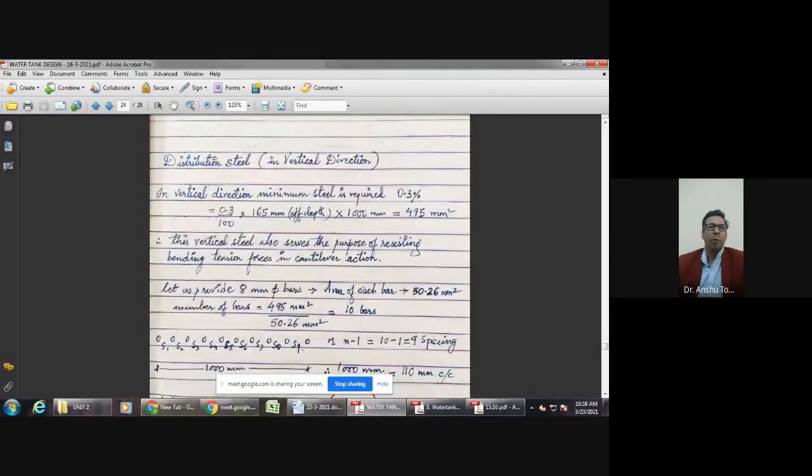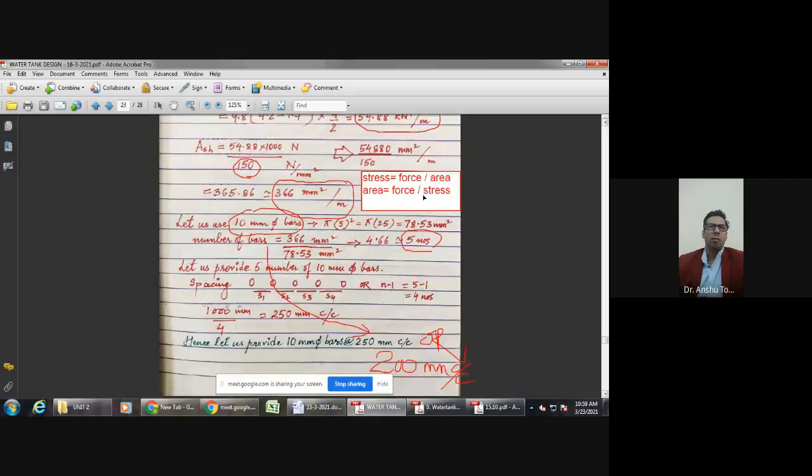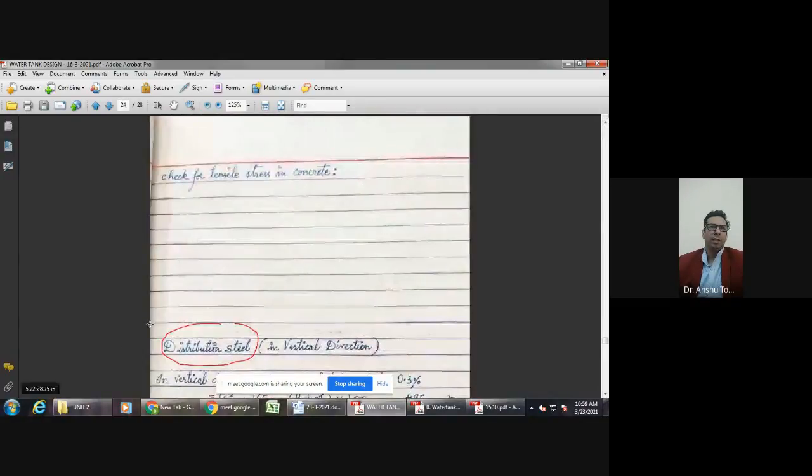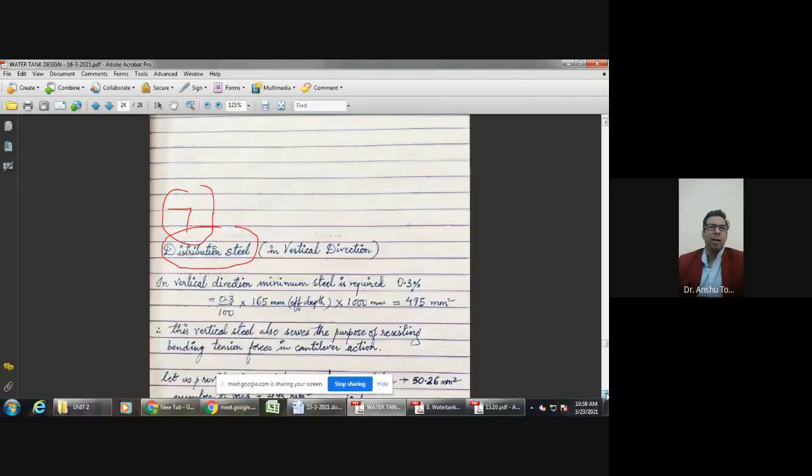Now, if you have to provide the distribution steel in the vertical direction, which is going to be most of the time the last step. So this was the 6th step, and this becomes our 7th step in the design. So for vertical steel, it is simple.